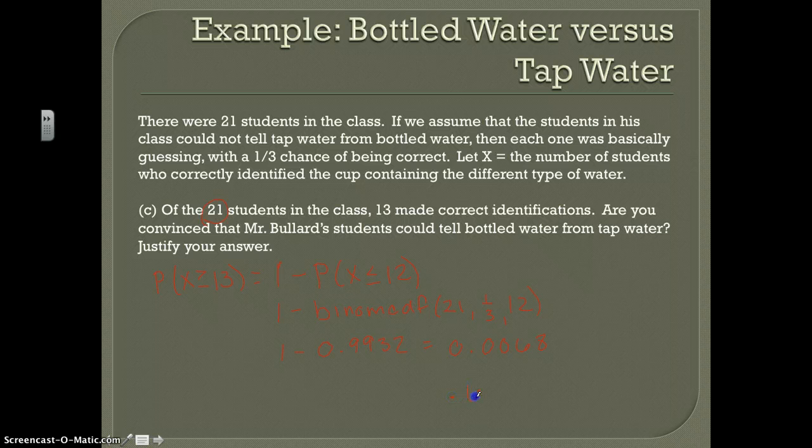So that's about 0.68%. Because the probability of 13 or more identifying correctly is as low as 0.68%, I would say, yes, I'm pretty convinced that Mr. Bullard's students can absolutely tell the difference between tap water and bottled water.